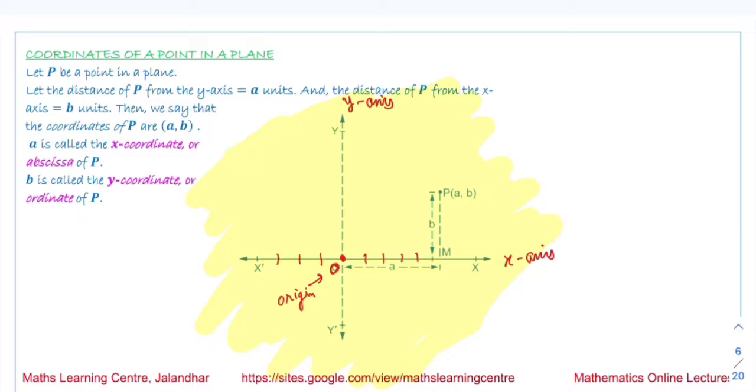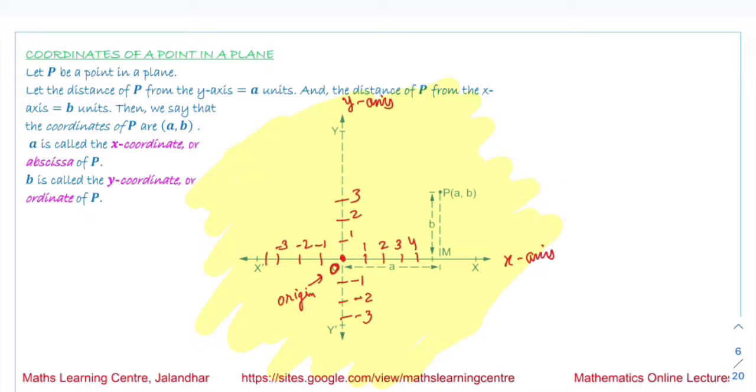Next, we mark the points on these axes: 1, 2, 3, 4, then minus 1, minus 2, minus 3, and so on. Now suppose we are given any point on this plane.